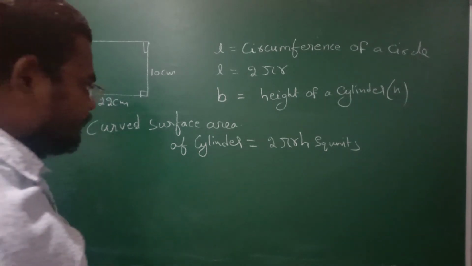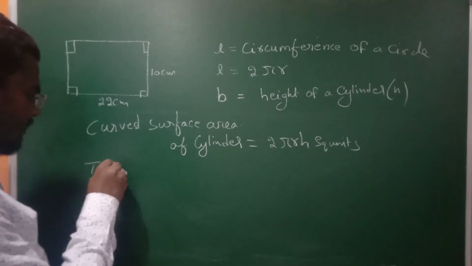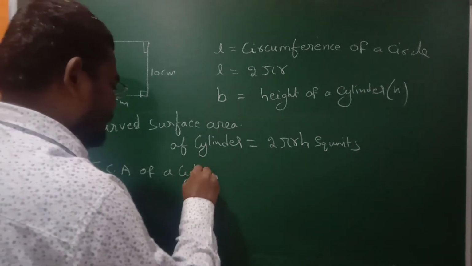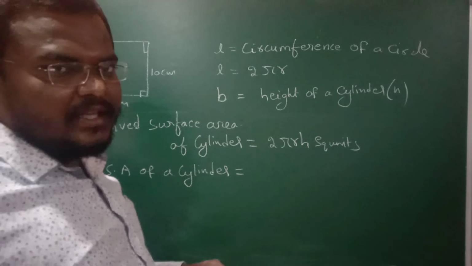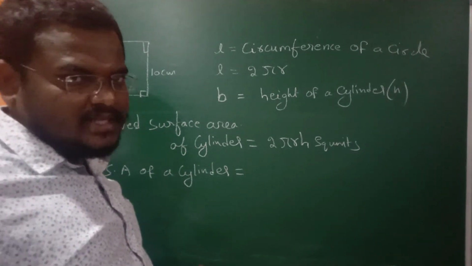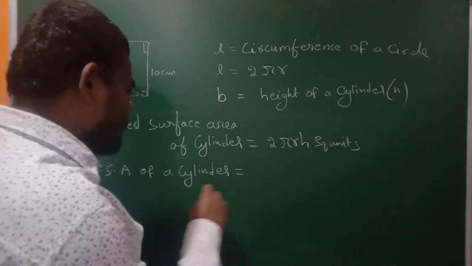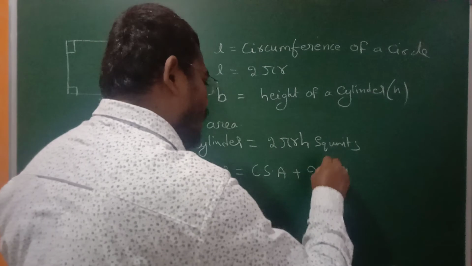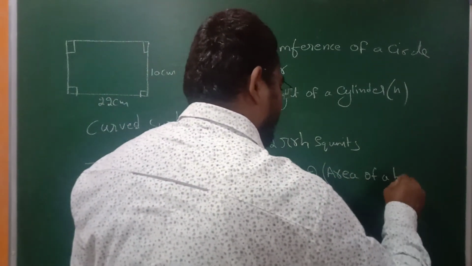Now you see how to get the total surface area. Simply I can write TSA of a cylinder equals CSA of a cylinder plus 2 of area of a base. How many bases are there? 2 bases, and each base is a circle. The area of a circle we know is pi r square.